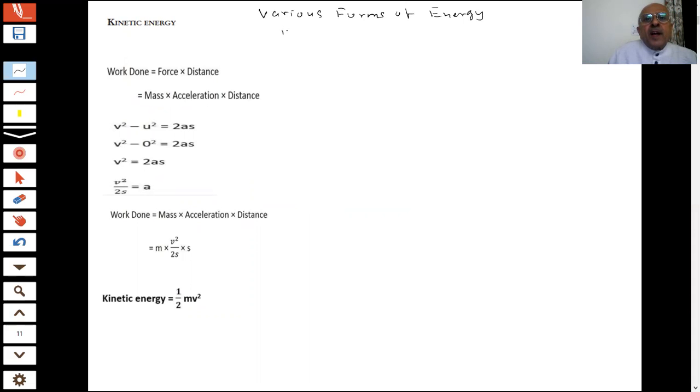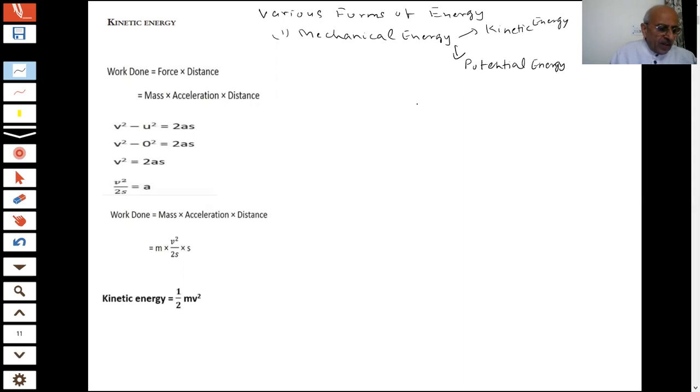Usually we say mechanical energy, students. Mechanical energy consists of two things. One is called the kinetic energy, and second is called the potential energy. These are very common and most important forms of energy.